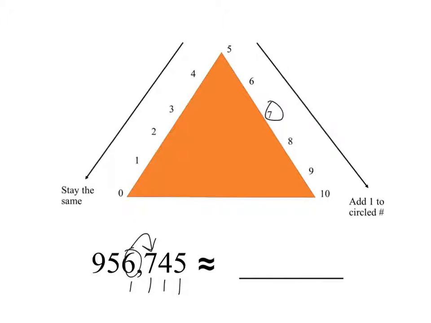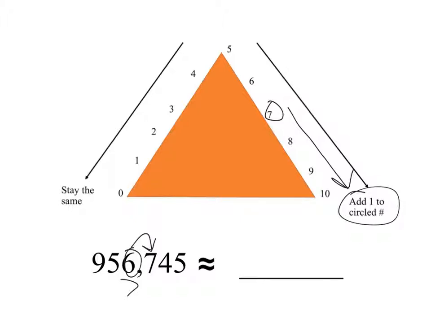So I see the 7 up here, and I can slide on down that side, and I can see that I have to add 1 to that circled number. That 6 here actually becomes a 7 if I add 1 to it, because really what we're saying is 956,745 is closer to 957,000.